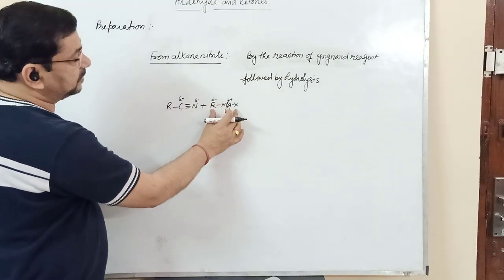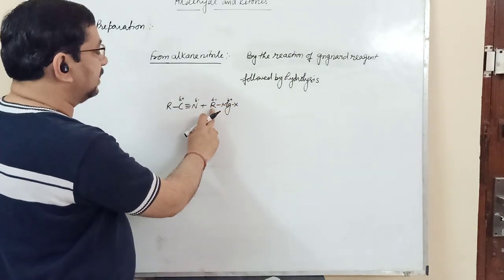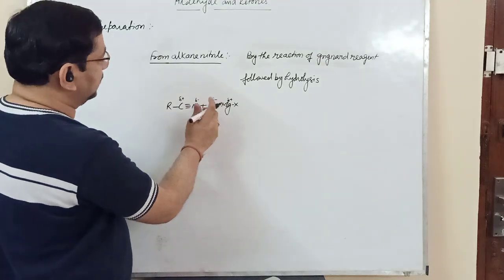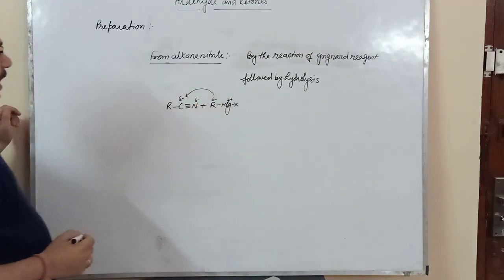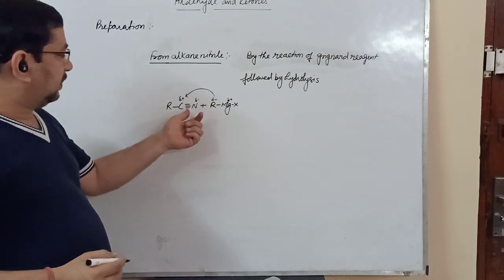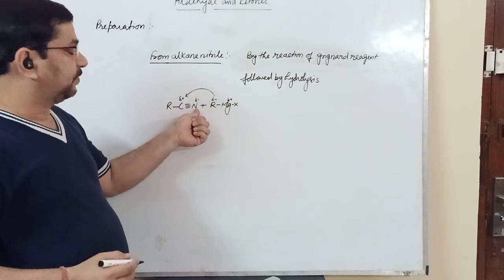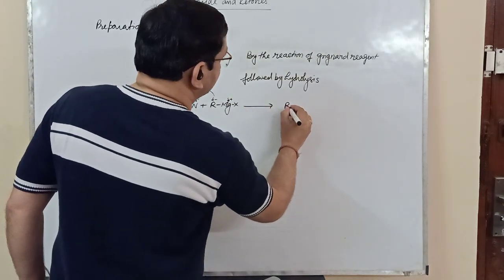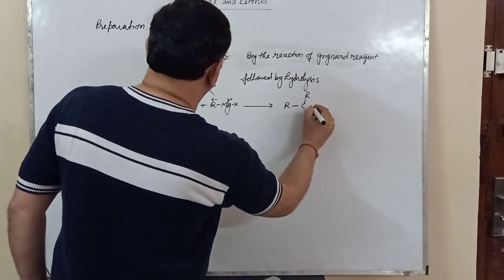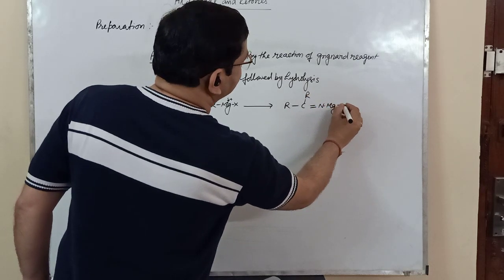Similarly, in R-MgX, magnesium, that is the metal, carries the positive charge, while the alkyl group carries negative charge. So the alkyl group will attack the carbon of the CN, while the Mg will attack the nitrogen atom, and it gives an intermediate, that is R-C=N-MgX.